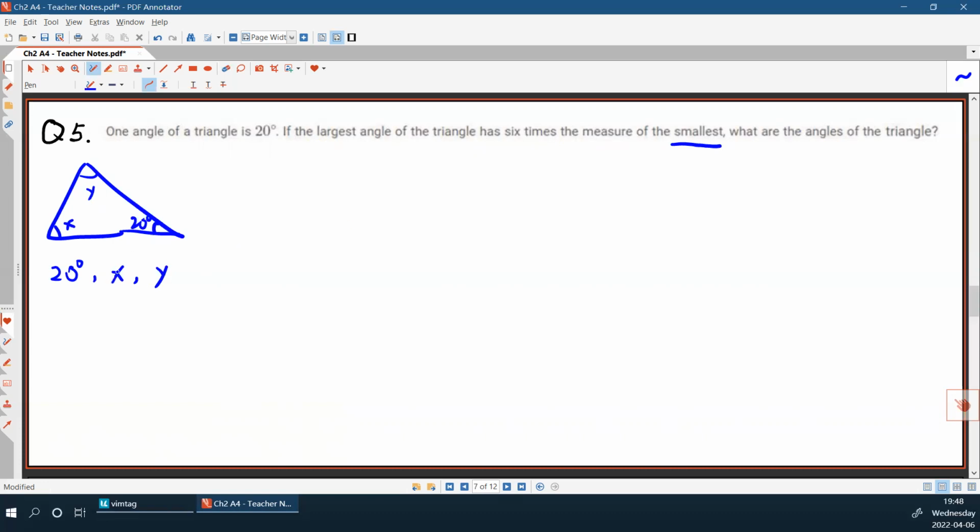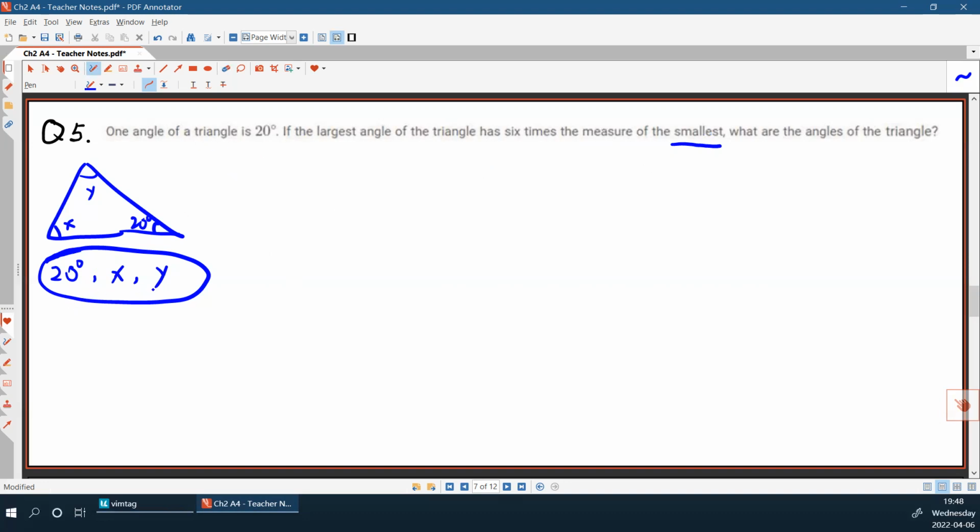Okay, so let me ask you a question. Which one of these 3 angles is the smallest? Can you determine that? From the given information, can you determine which one is the smallest? Well, intuitively, it's not very easy to see which one is smallest based on the given information here, right?